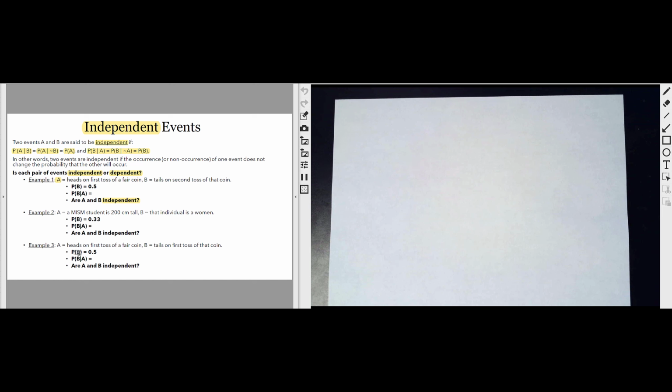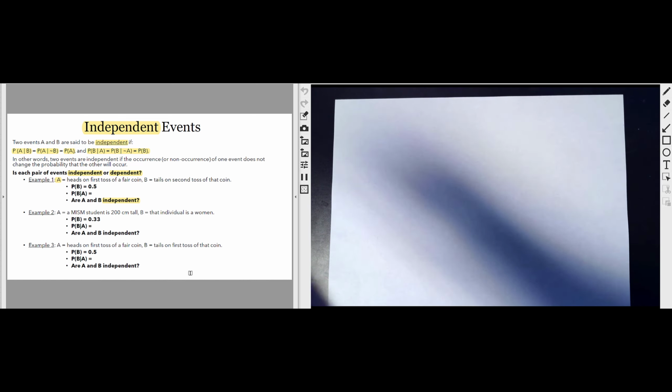Now, the probability that we get a tail on the first toss is 0.5. The probability that we get a tail on the first toss, given that we got a head on the first toss, is 0. If we got a head on the first toss, we cannot have gotten a tail on the first toss. And again, since these probabilities are not equal, these are not independent events.